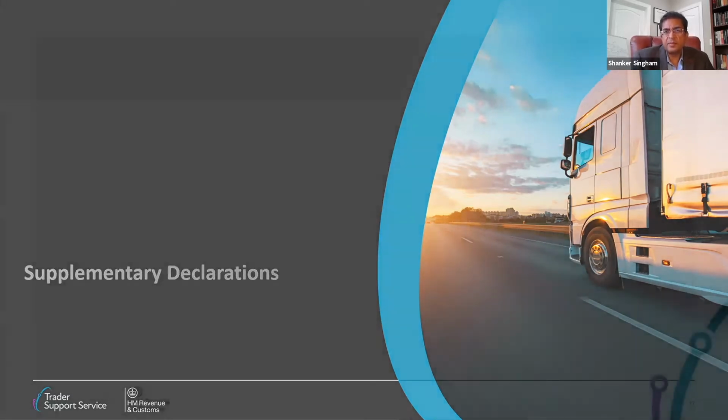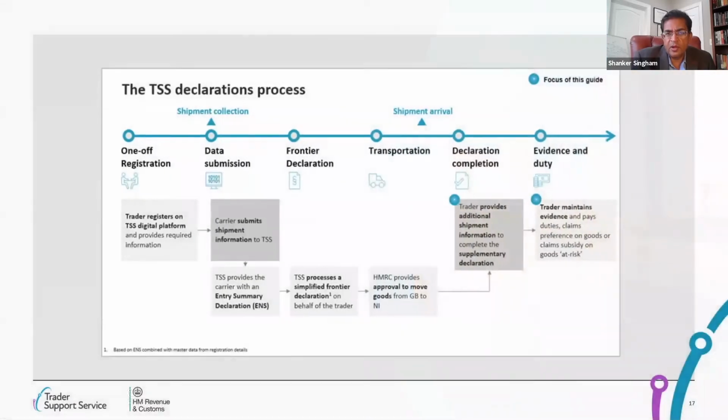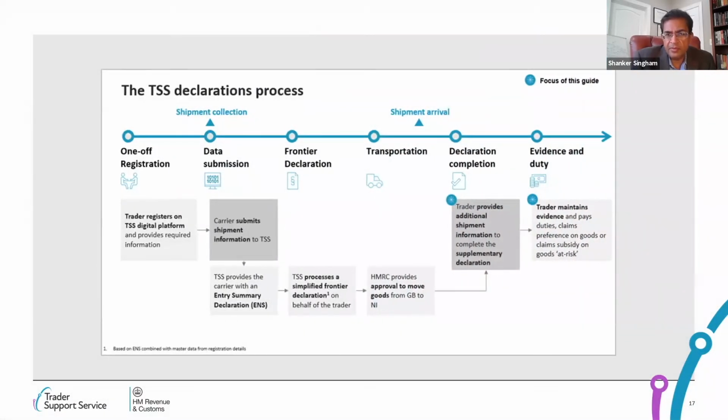If we now look at the supplementary declaration, I want to spend a bit more time on this, and this is just a quick recap of where it fits into the process. I think Shonali went over most of this. What I would focus on in this slide is that there's a process when you have to submit your supplementary declaration. When you submit your supplementary declaration, there on the right of that slide, that is when the duty becomes payable.